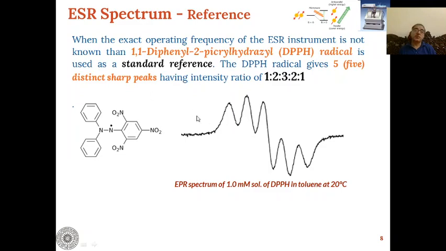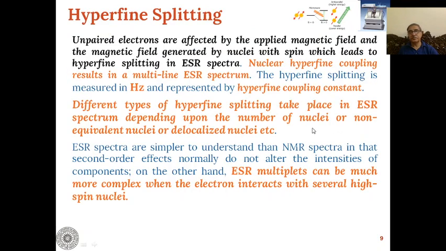Then the fine structure of the entity can also be obtained from the ESR spectrum, and this gives us the interaction between electron and electron, what type of interaction takes place between them. That information is also available from the analysis of the ESR spectrum.